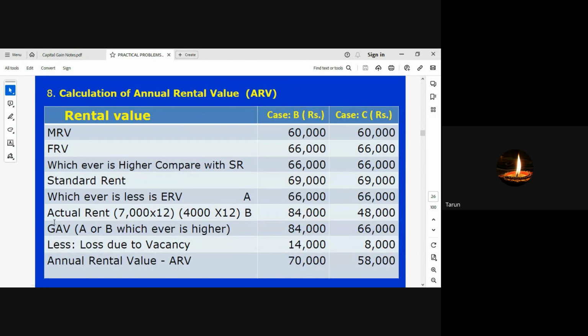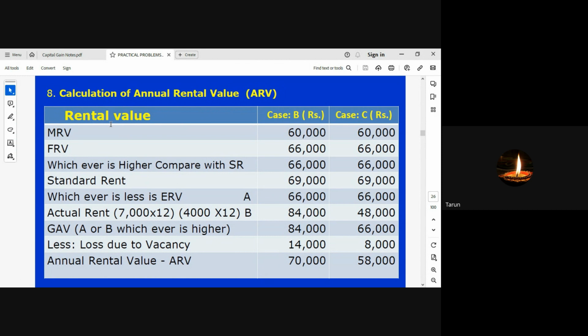That is the actual rent paid by the tenant. Once we compare the expected rental value and the actual rent, whichever is higher is called the gross annual value.